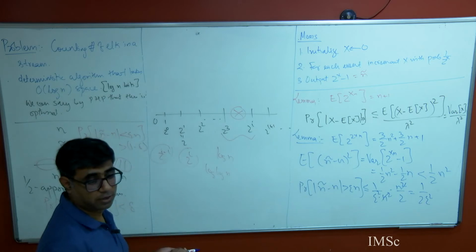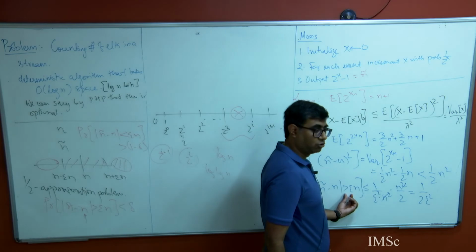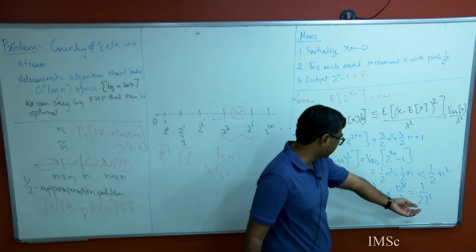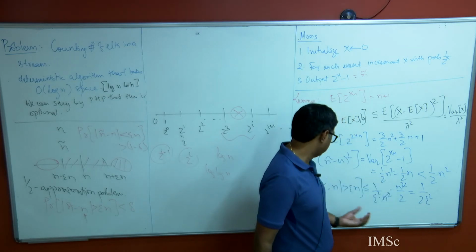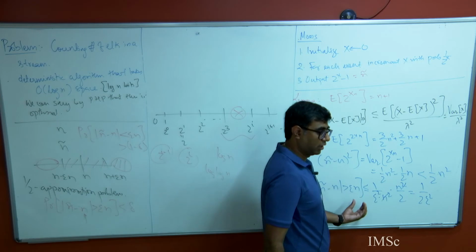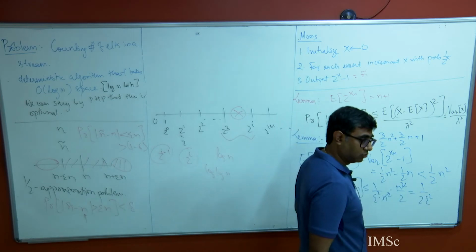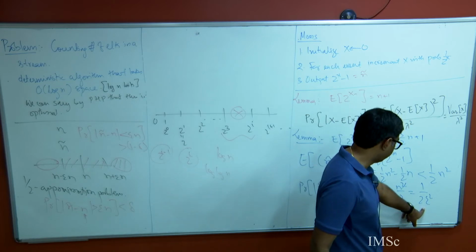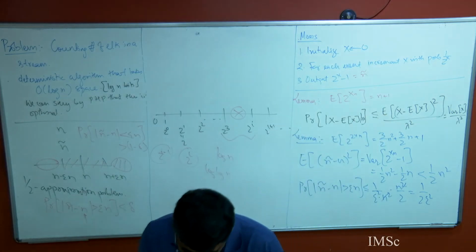Even this was not good enough for us, because if I wanted epsilon equal to half, what does this tell us? The probability that this is greater than n by 2 is less than or equal to what will be here? Half or 2. Does it make any sense at all?